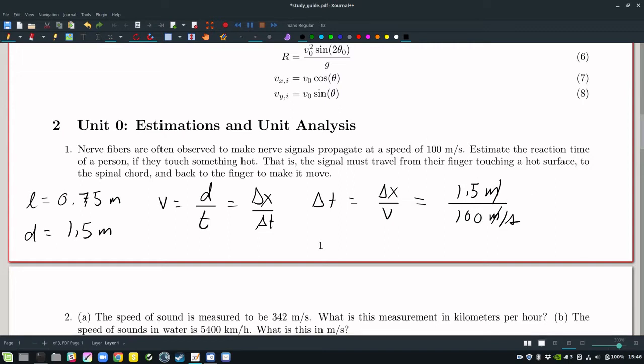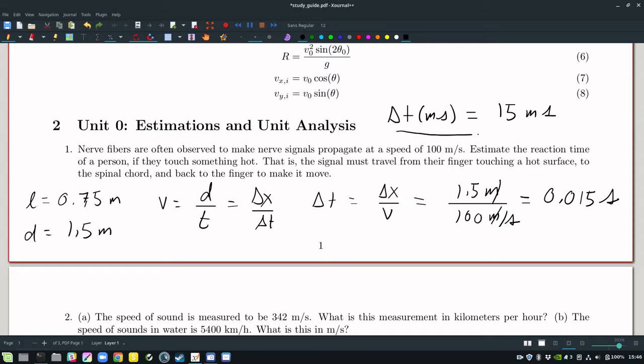So 1.5 divided by 100 is 0.015 seconds, but let's multiply that by 1,000 to get delta t in the units of milliseconds. So that's 15 milliseconds.